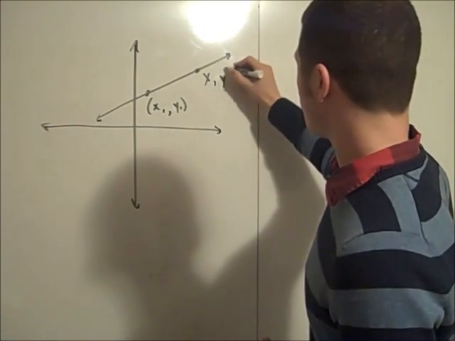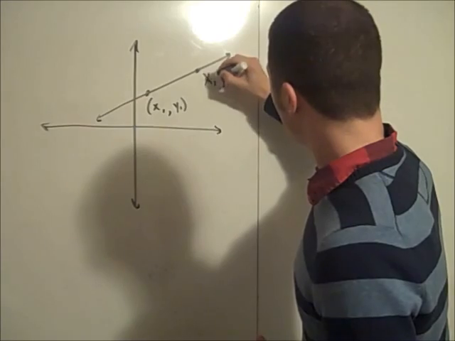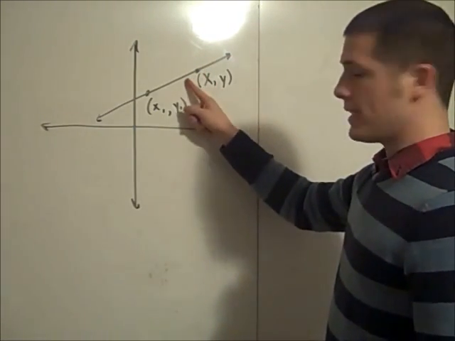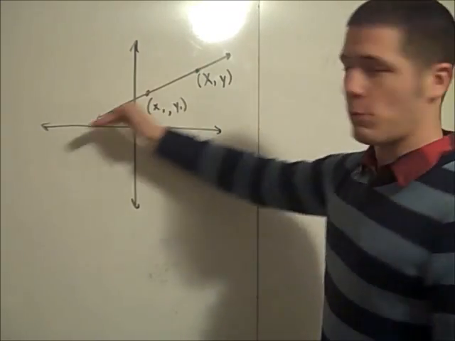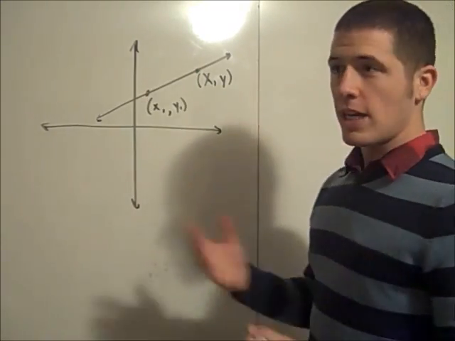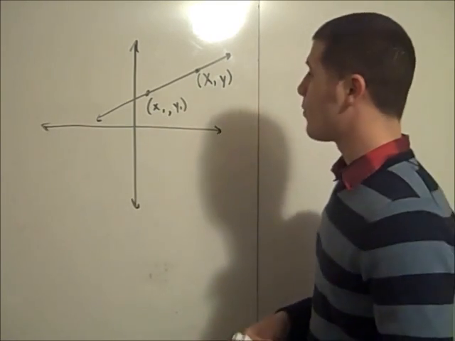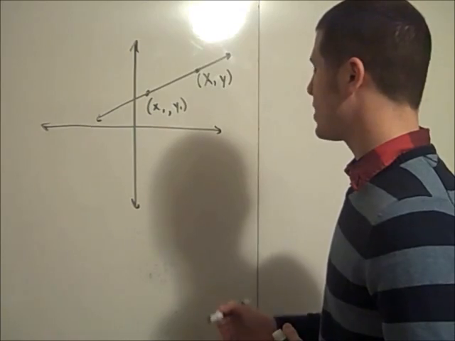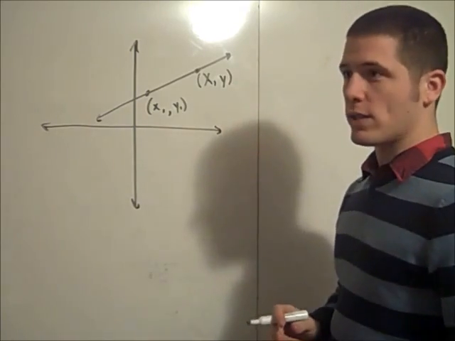We'll just call it xy. No matter where this point is, the slope of that line will be the same. The rise divided by the run is always the same number for a line. So that's the other important piece of information, that a line can only have one slope.